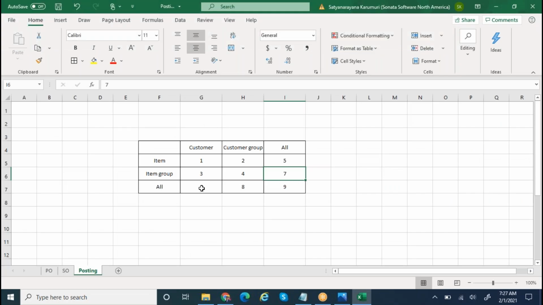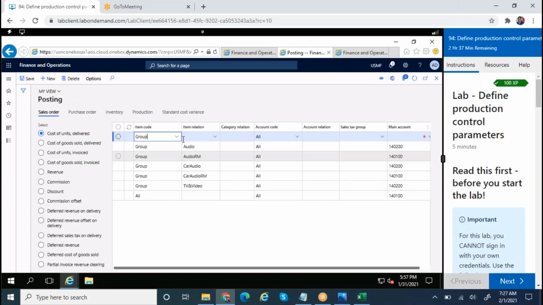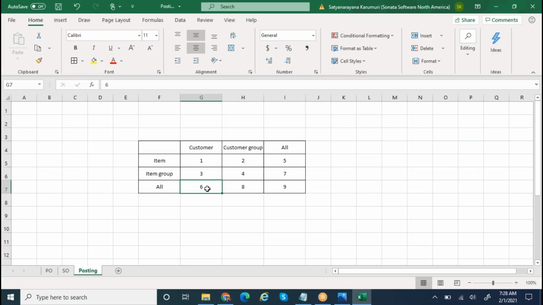Next one, for all items, customer wise. Like this. All is last.